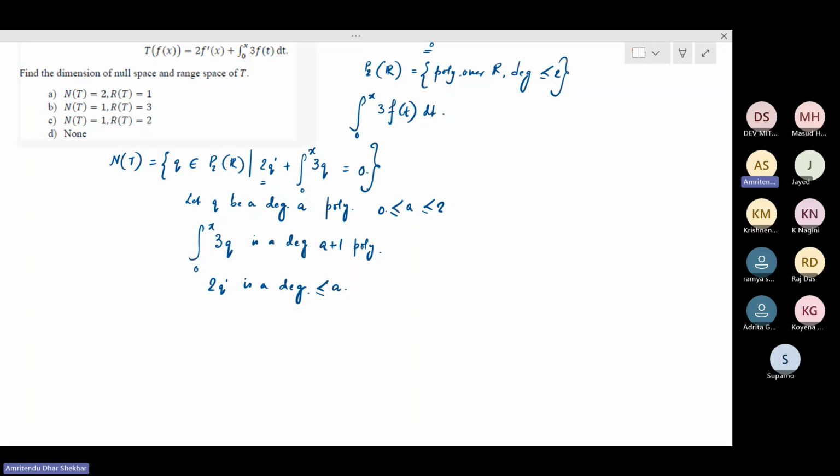So it's clear that if you have a degree A plus 1 polynomial and a polynomial whose degree is less than or equal to A, then if you add them up, it can only be equal to 0 if and only if Q is itself 0. So Q belongs to N(T) if and only if Q is equal to 0. So the dimension of the null space is in fact equal to 0.